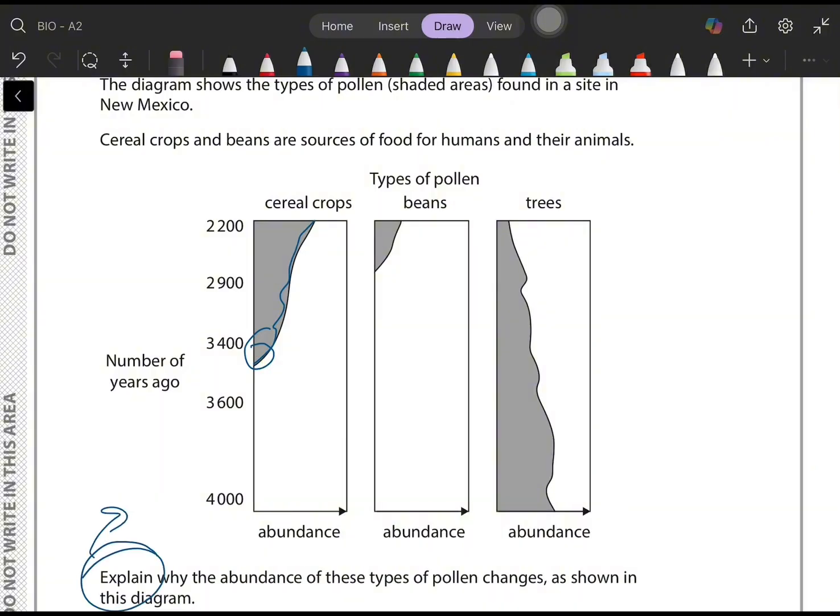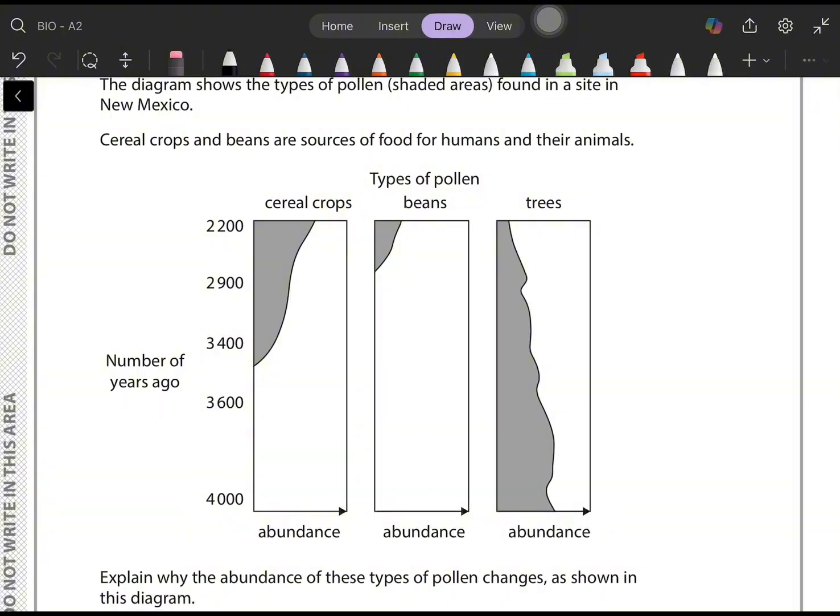So, explain. Whenever there's an explain question, you cannot just say that in the past they were smaller and recently they increased. You have to state why. You have to justify. So why did they increase? Due to increased cultivation. For beans, this is going to be the same. In the past it was smaller, but recently it increased due to cultivation.